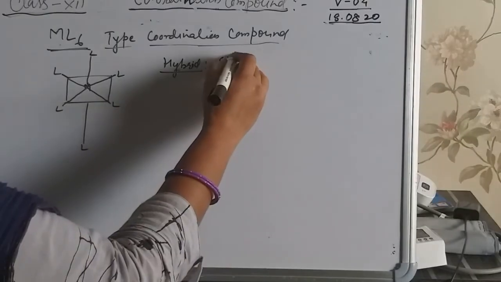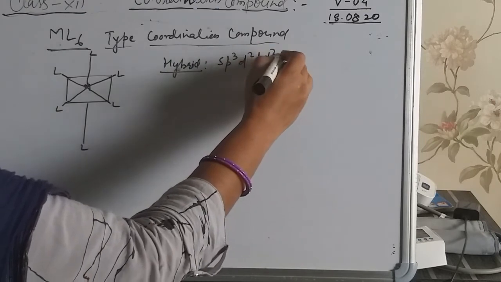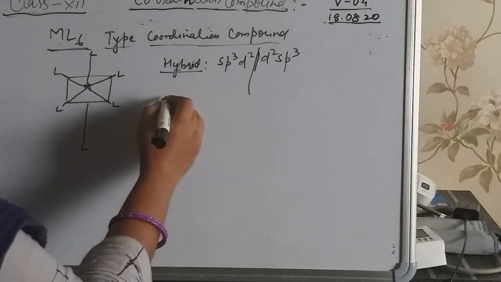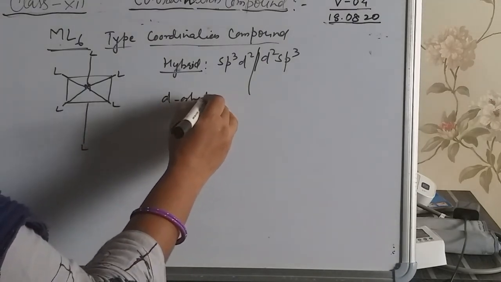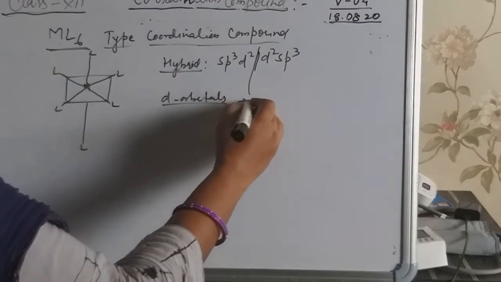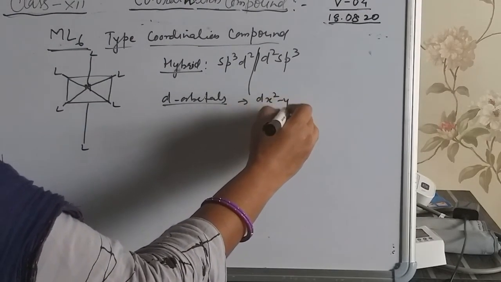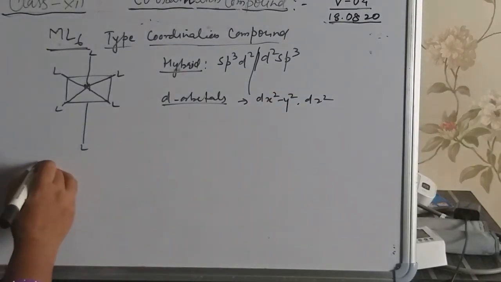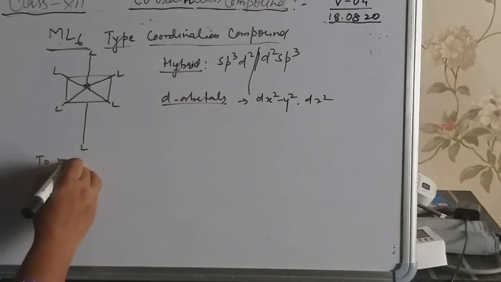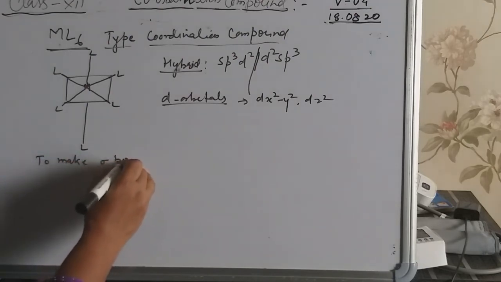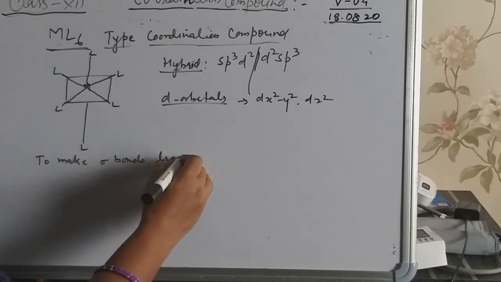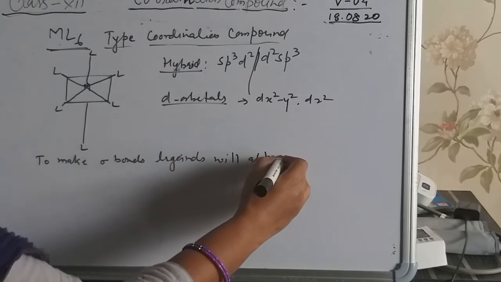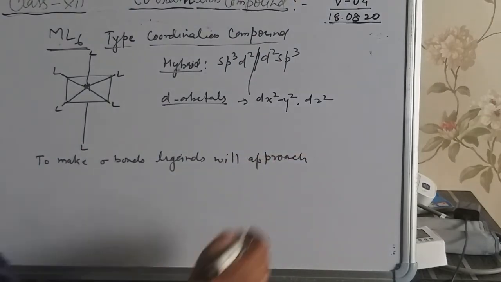It may be sp3d2 or d2sp3, and d orbitals are involved. We know that in octahedral geometry, dx²-y² and dz² are involved. To make sigma bonds, ligands will approach along the axis.